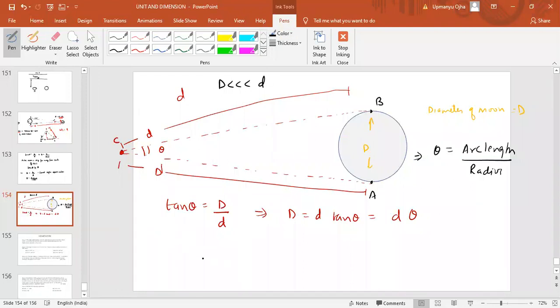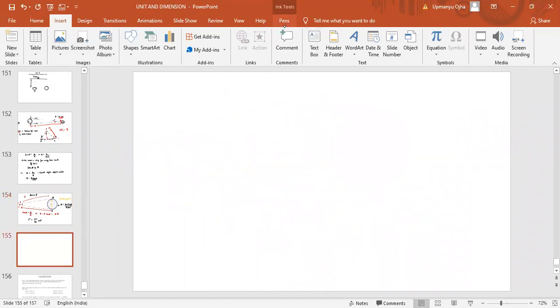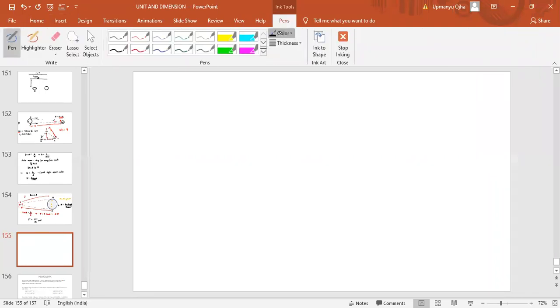Like I told you the conversion, 1 degree is equal to pi by 180 radians. Now one more relation we have to use here: 1 degree is equal to 60 minutes.